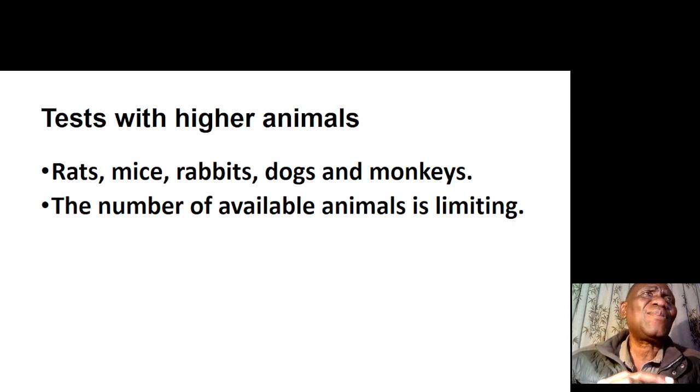The other method is to use higher animals. This is when you can get problems with animal rights and so forth. You can use rats, mice, rabbits, dogs, monkeys. In fact, the number of available animals for this purpose could be limited.